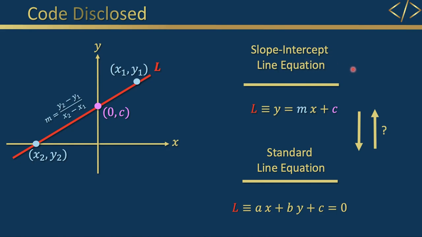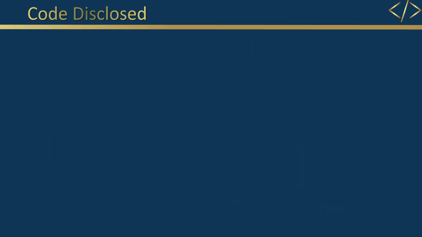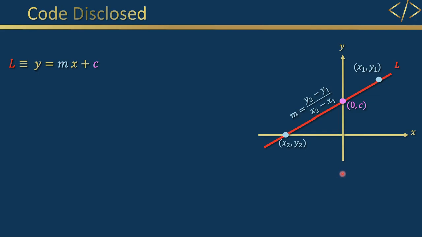That's what we are going to explain now. Alright, so this is our line, and this is the slope, and this is the intercept, and we are going to start with the slope-intercept line equation and see where the calculation leads us.